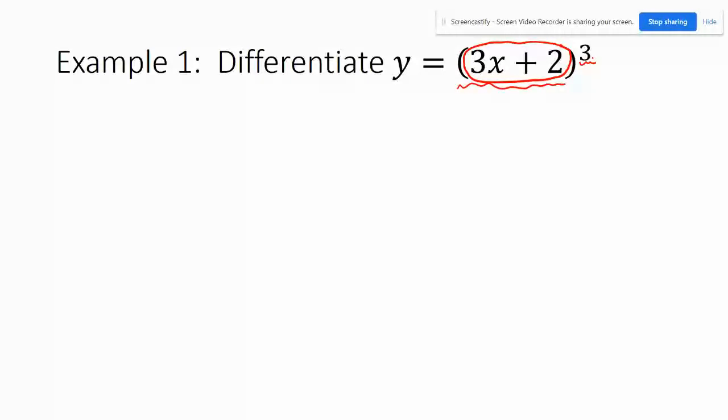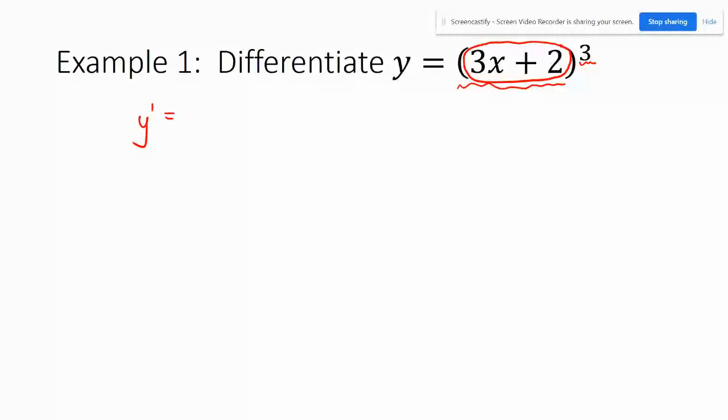So think of the something cubed as the bike applying a force to the paper, and the 3x plus 2 as the arm applying a force to the paper as well. So in this case, when we're talking about our derivative, which is a rate of change that gives the slope of a tangent, we have a linear function and a cubic function being applied to that one. So here's how we do it.